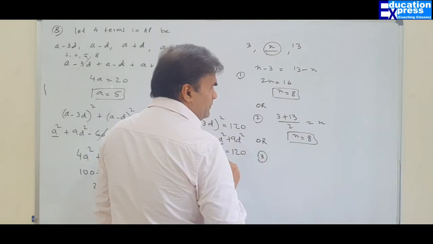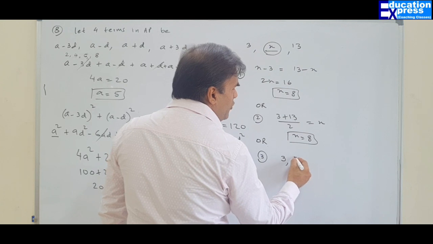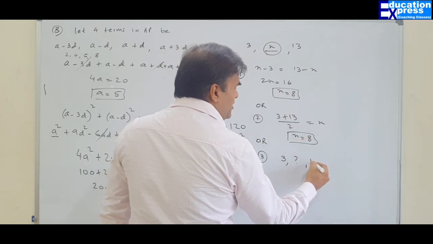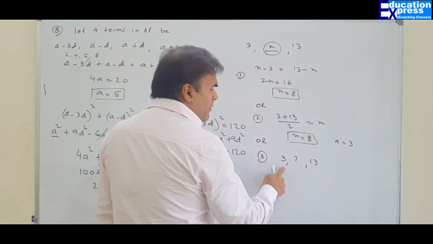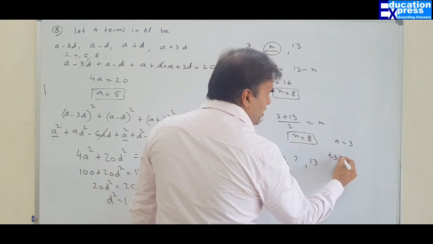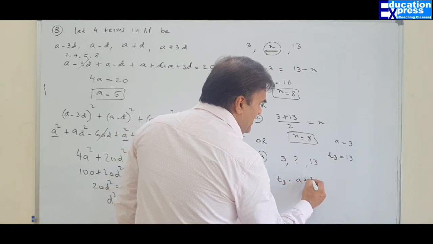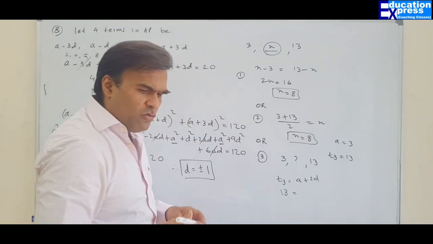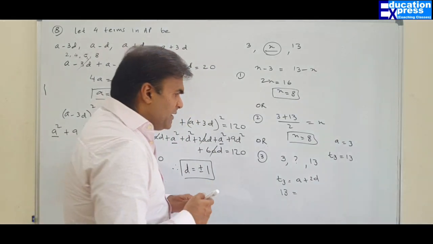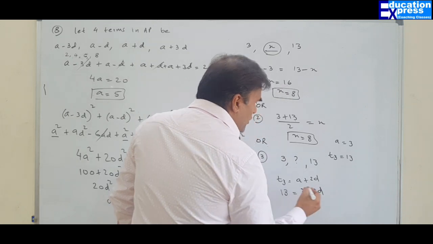The third method. Knowing that the first term is 3, the second term we don't know, and the third term is 13. What is the formula for the third term? A plus 2d. This is 13. Now 13 equals, the value of A is 3, so 3 plus 2d.